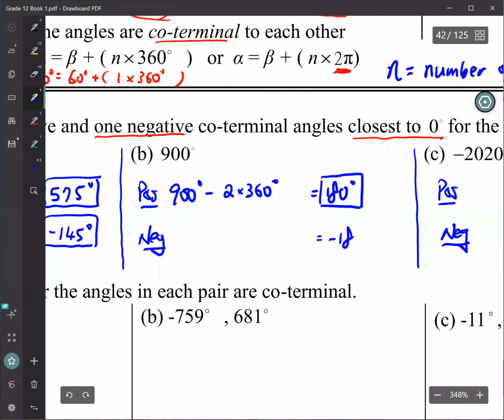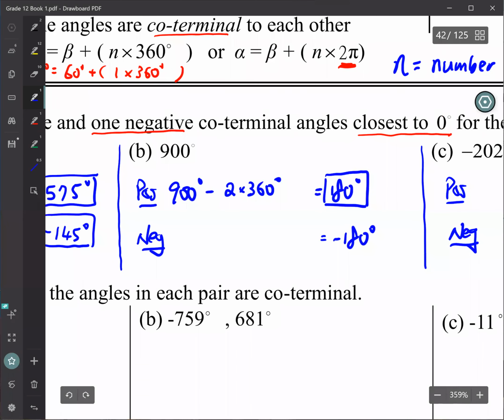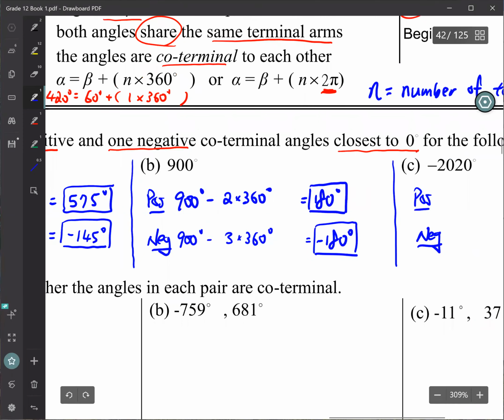How did you get that? What's the step that you did? Subtract 360 3 times. Okay, very good. So 900 subtract 3 times 360. Yeah, it's correct. So close to 0, right?